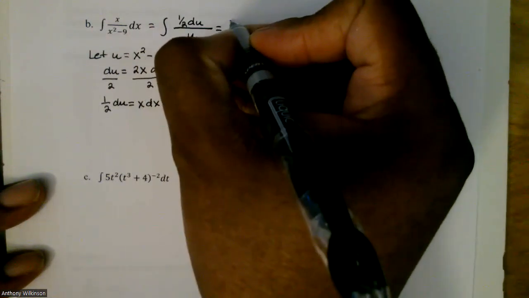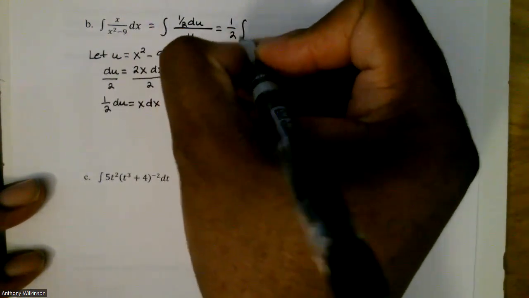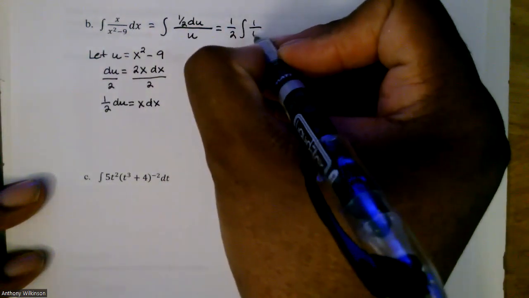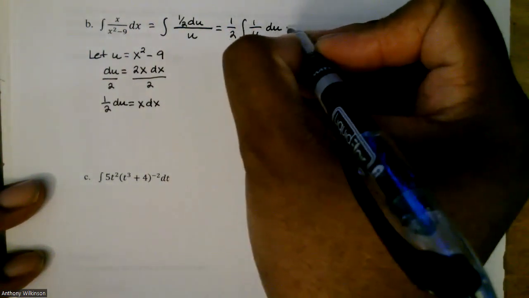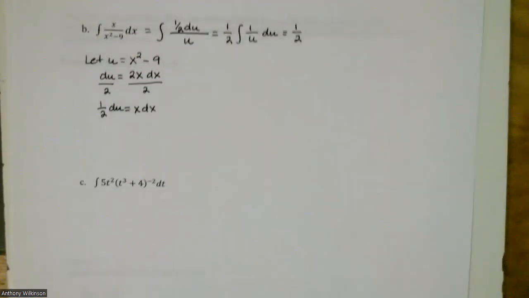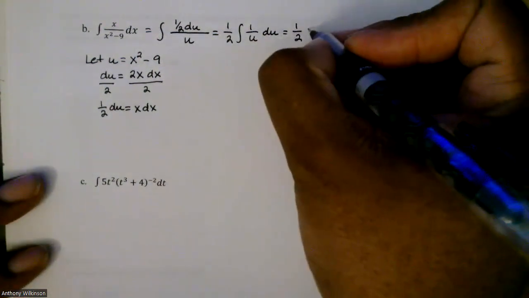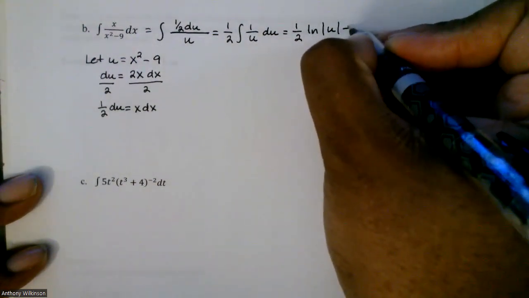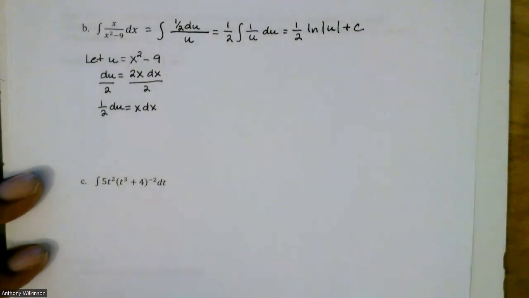Now that constant of 1/2 I can pull on the outside, so it'll be 1/2 times the integral of 1/u du. Now if I integrate 1/u du, that's going to be, if you recall, the natural log of the absolute value of u, and then plus c. So I have 1/2 the natural log of the absolute value of u plus c.